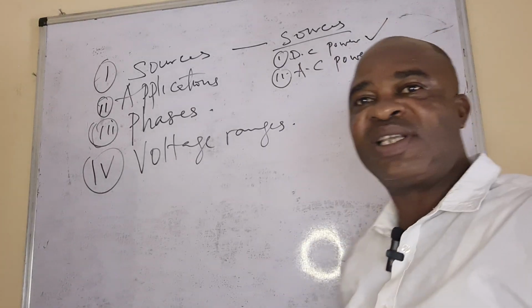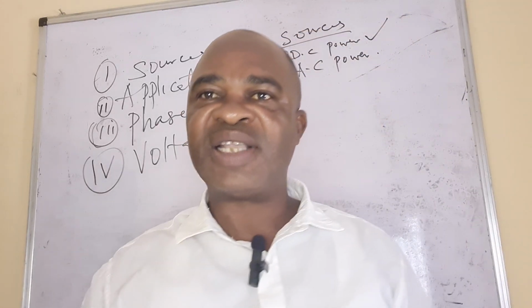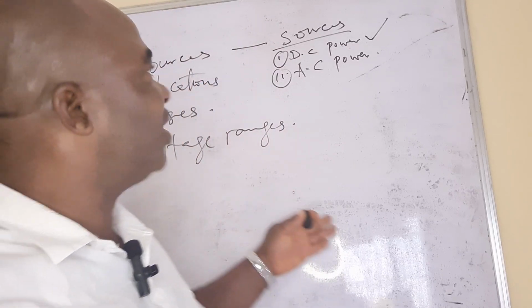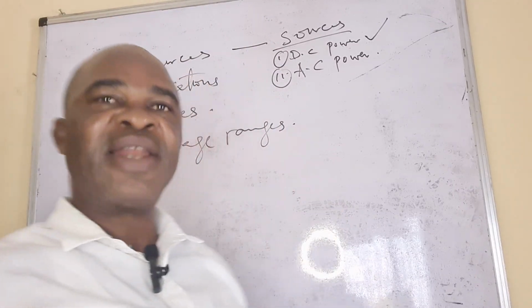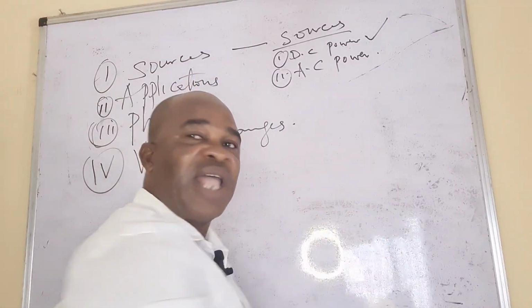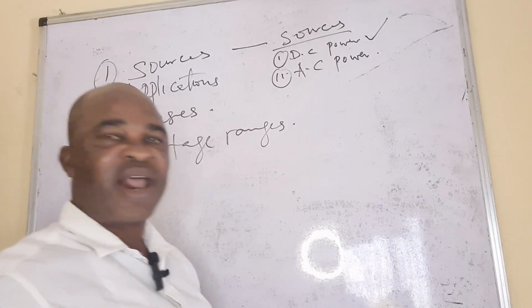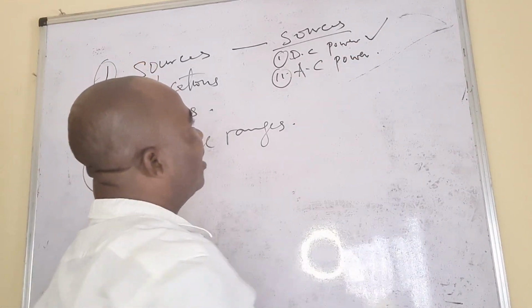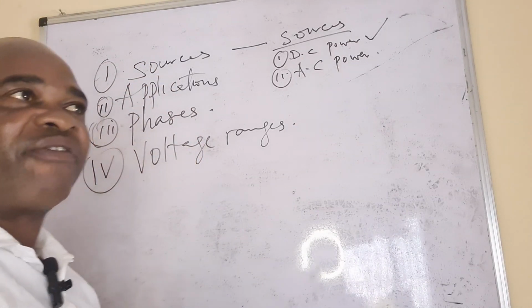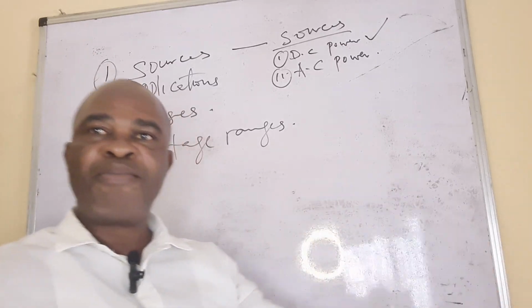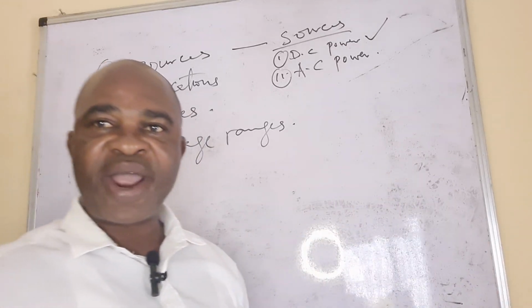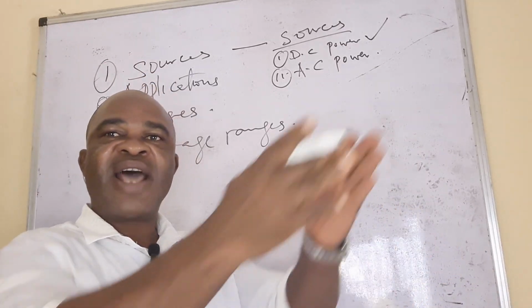DC power, what is DC power? Direct current power is the power gotten from voltage and current flowing in one direction. So this defines the DC power, the kind of power where the voltage and current flow in one direction.